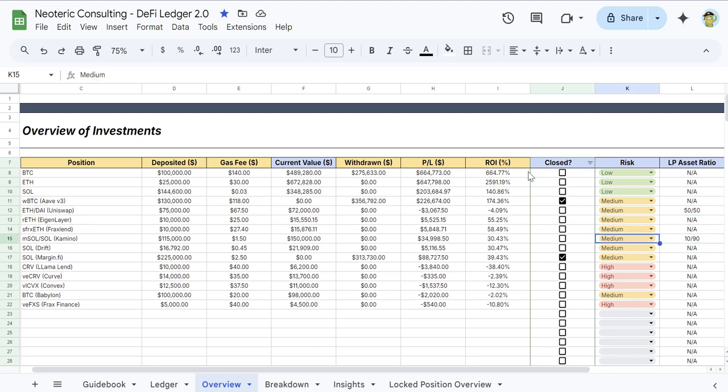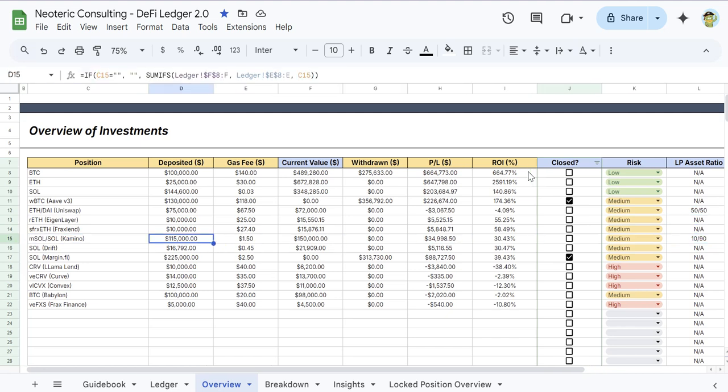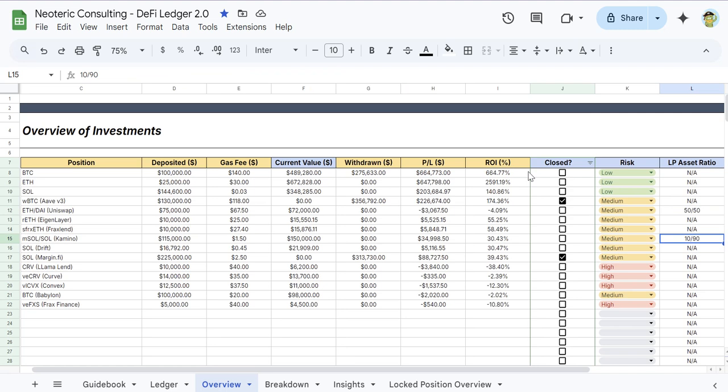And let's say this is a concentrated pool skewed toward Sol, so this has a 10-90 LP asset ratio. Make sure that the ratios correspond to the order in which the assets appear. So here it's ETH DAI, not DAI ETH. ETH has a 50% ratio, DAI has a 50% ratio. And here, MSOL has a 10% ratio, and Sol has a 90% ratio.